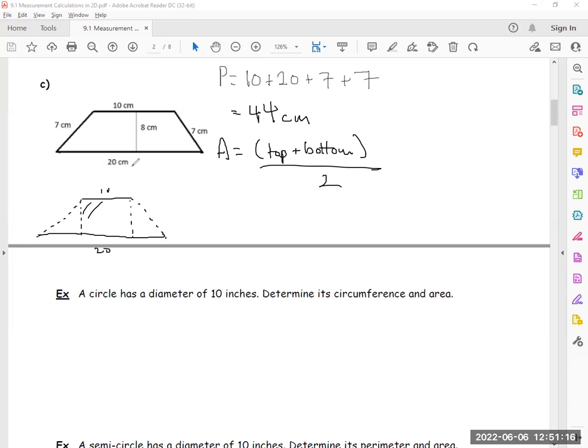But instead of doing it that way, let me backtrack. I don't like that visual. Let's put it this way.